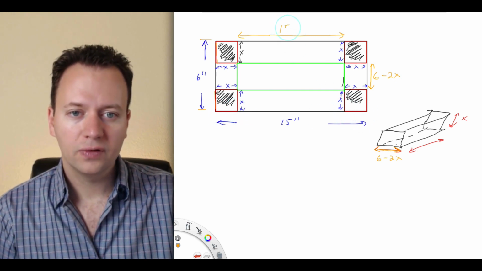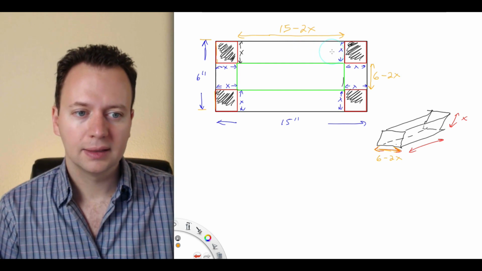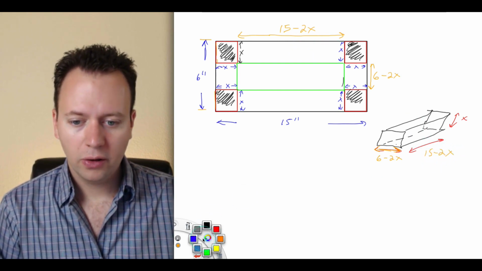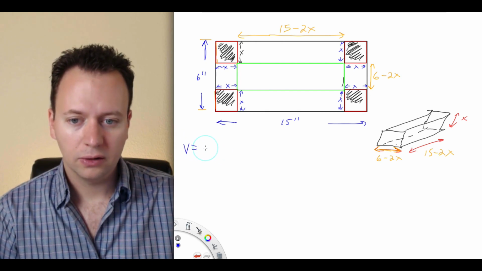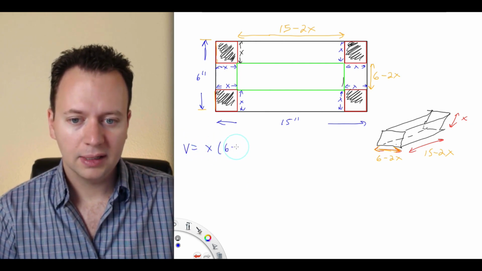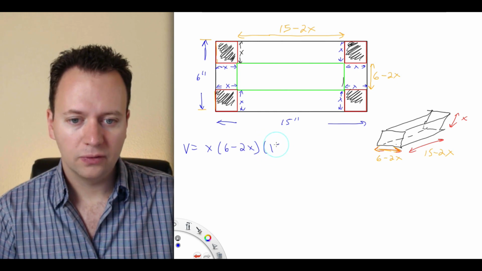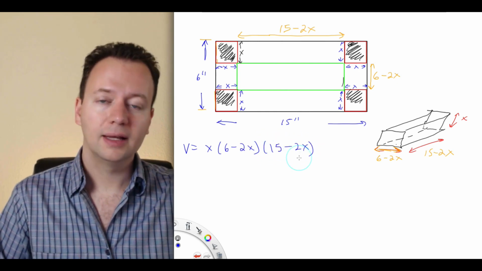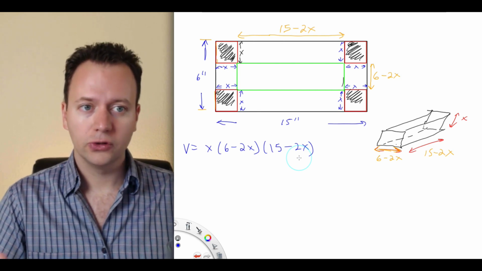So this is going to be 15 minus 2x. So this goes 15 minus 2x. So the total volume of our box that we can construct is x times (6 minus 2x) times (15 minus 2x). So that's our volume as a function of our variable x, which is free to move around.